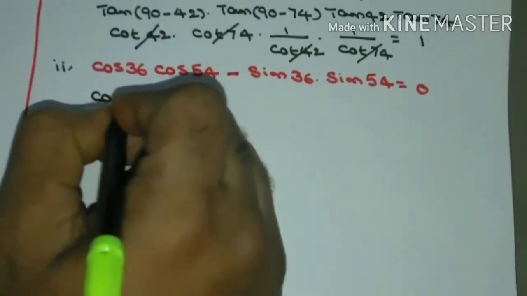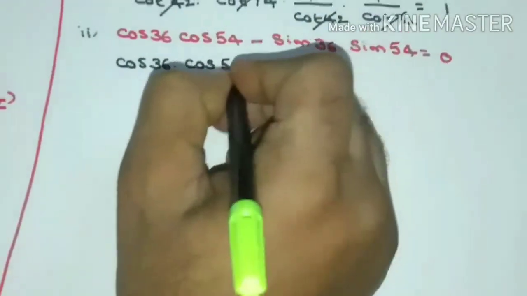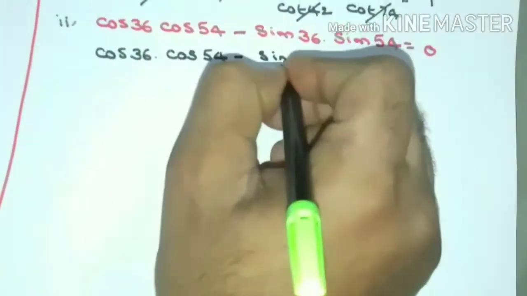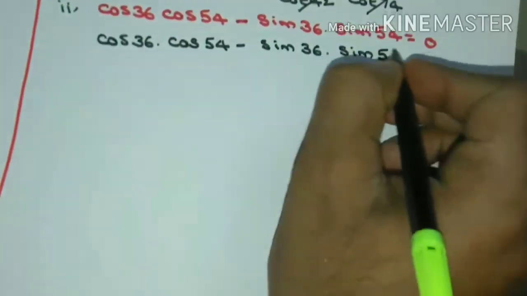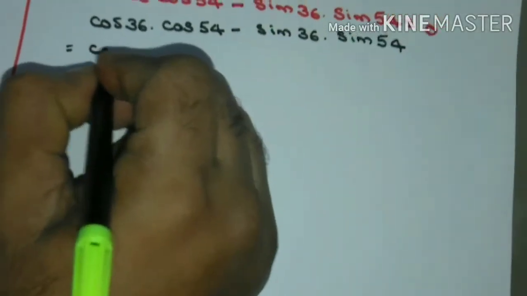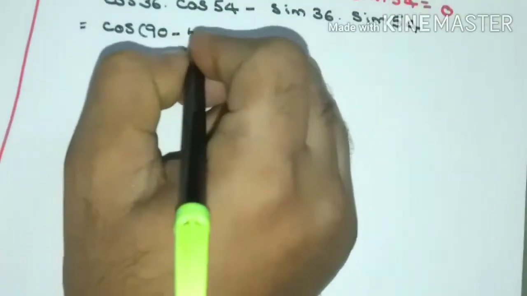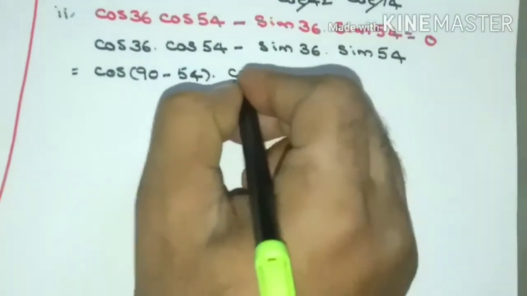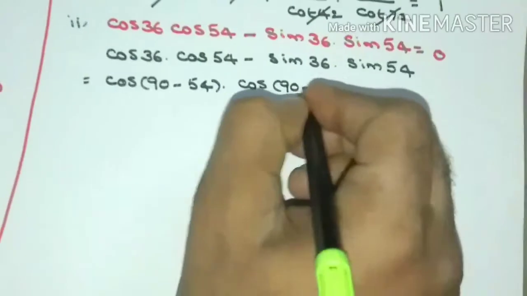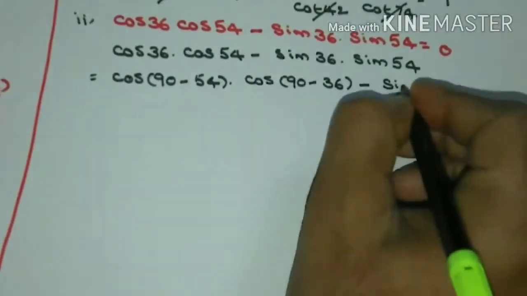First take the LHS: cos 36 cos 54 minus sin 36 sin 54. Cos 36 we write as cos of 90 minus 54. The cos 54 we write as cos of 90 minus 36, and the minus as it is. Don't change this step.